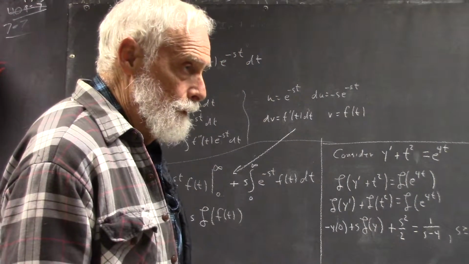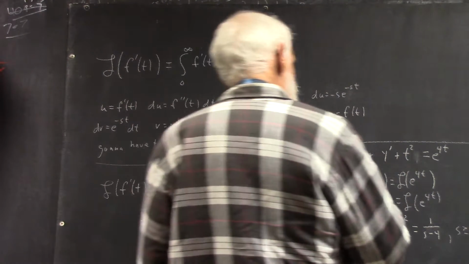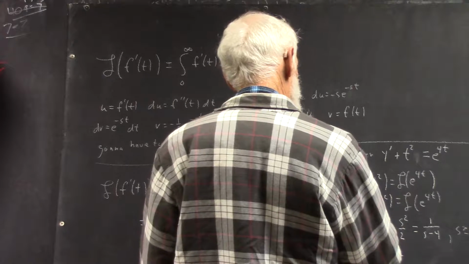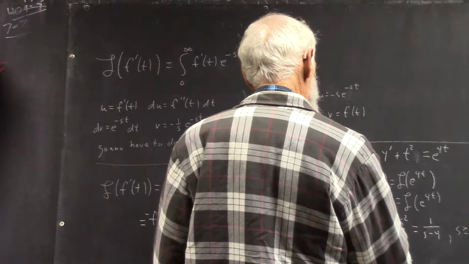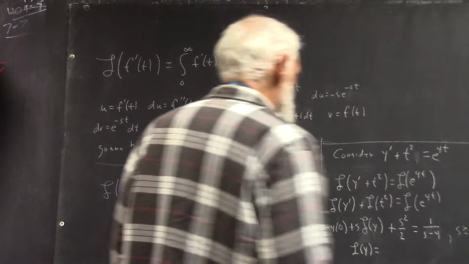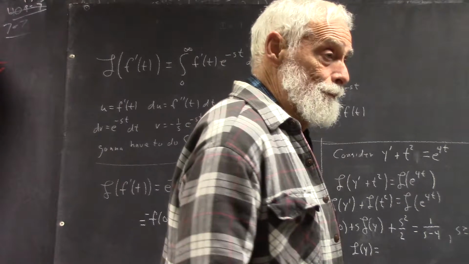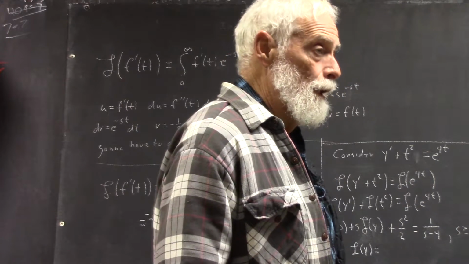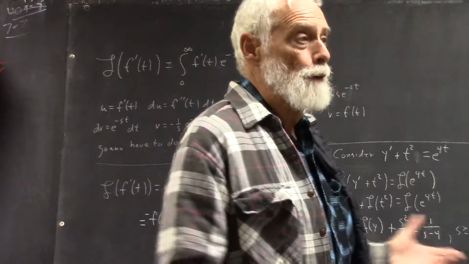Okay? So you can now solve this for the Laplace transform of y. And it's just algebra at this point, there's no calculus. Calculus has already been done, as long as we have stuff that we've already done it for.